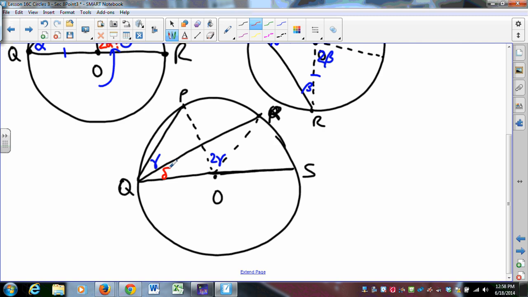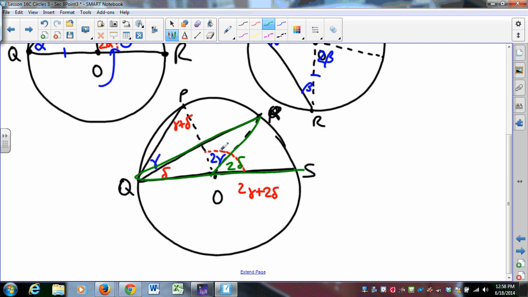Then, since OQ is congruent to OP, this up here is gamma plus delta, which means this angle out here is 2 gamma plus 2 delta. Except we know from the first case that, based on this diagram, that's already 2 delta.